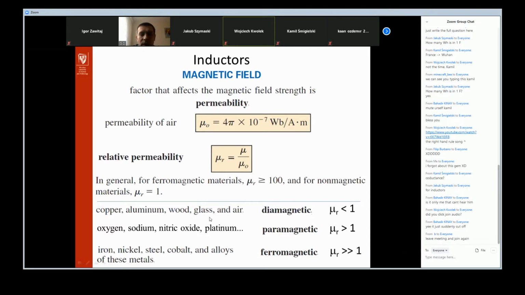That's why, in fact, they can be used to change the direction of the magnetic flux lines. In fact, there is no influence on magnetic flux lines crossing copper, aluminum, wood, glass, and also the air. So please remember these values. It is important.